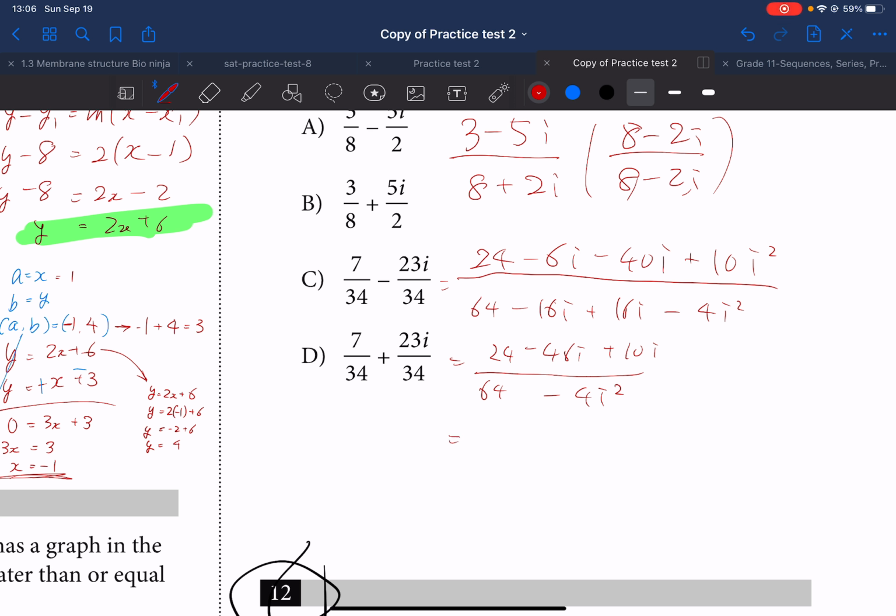Another super important property to know is that i squared is equal to negative 1. So on the top, that's going to give us 10 times negative 1. What is it? It's negative 10.